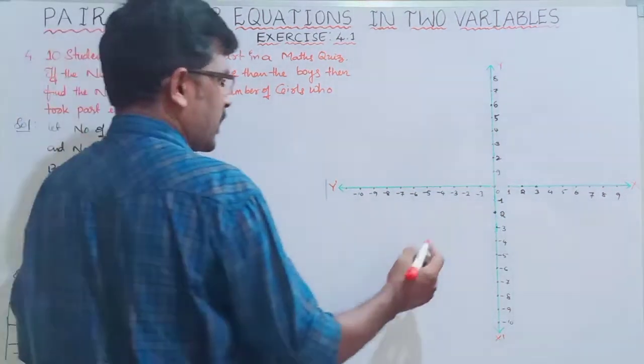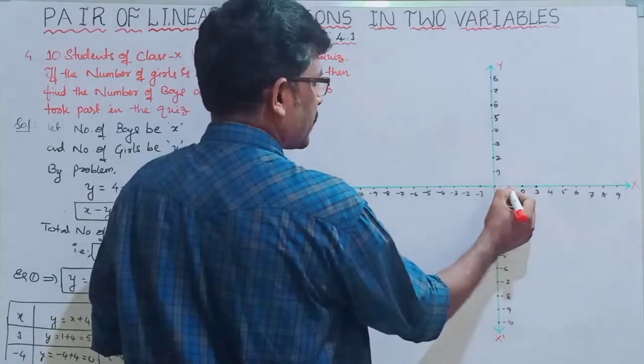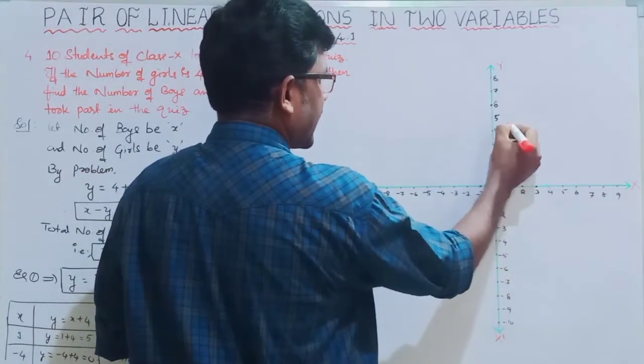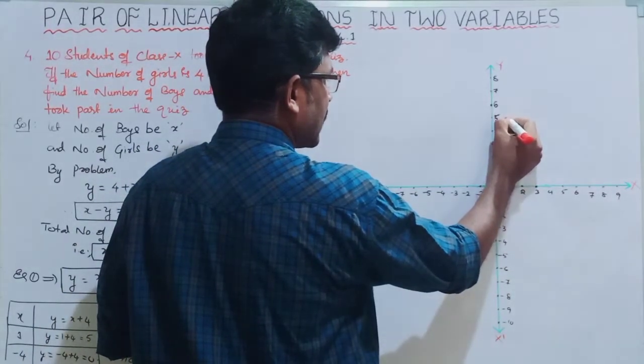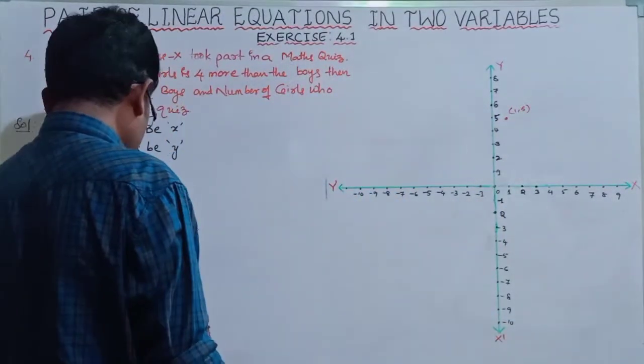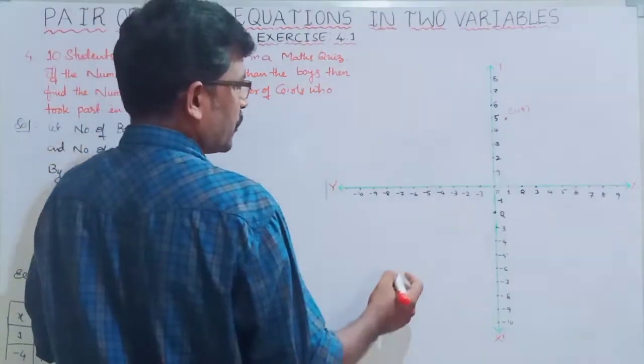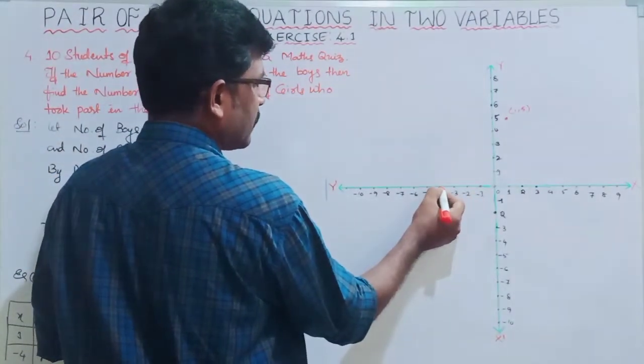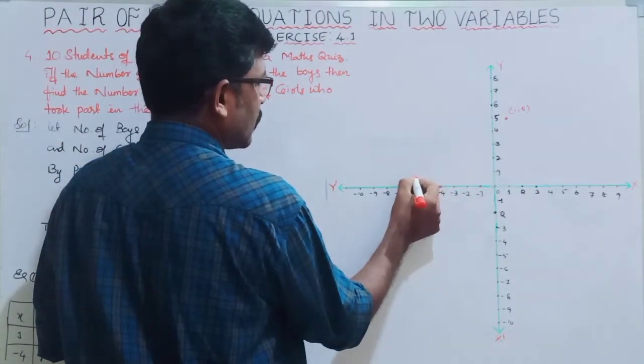First point 1 comma 5: x axis 1, y axis 5. Then the second point minus 4 comma 0: x axis is minus 4, y axis is 0.